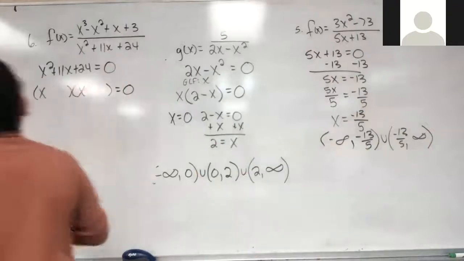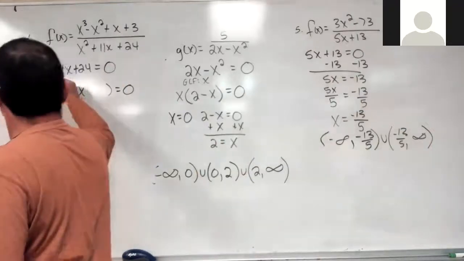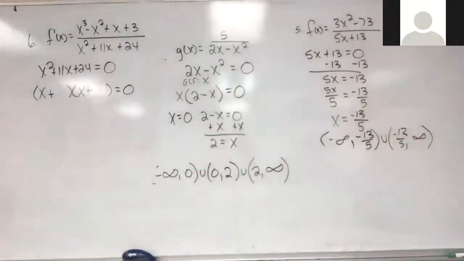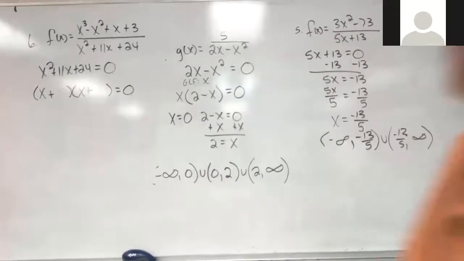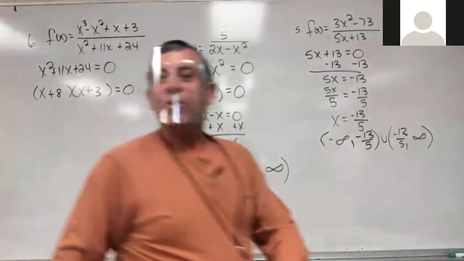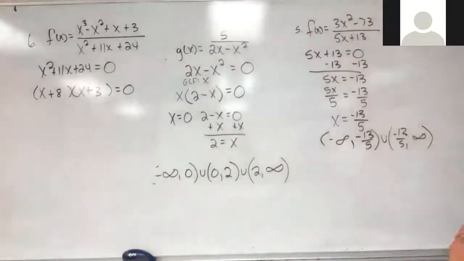So I got an x and an x. Both of these will be positive like the middle. And then what factors of 24 add to 11? 8 and 3. As long as you're pretty decent at multiplying factors, it's not too bad.